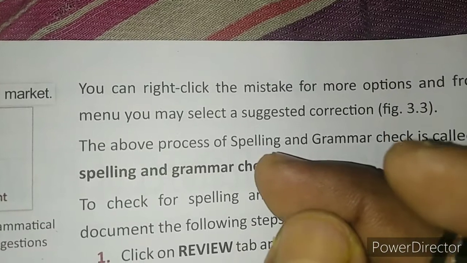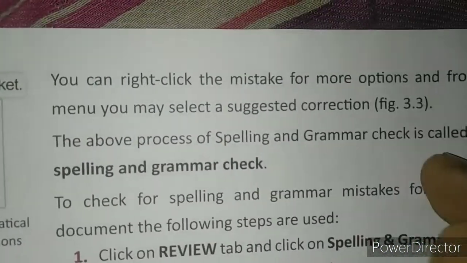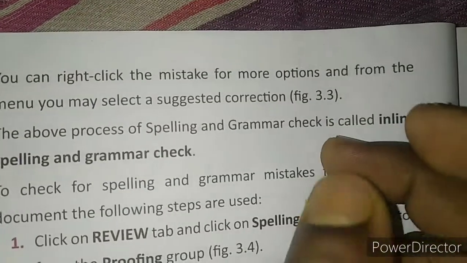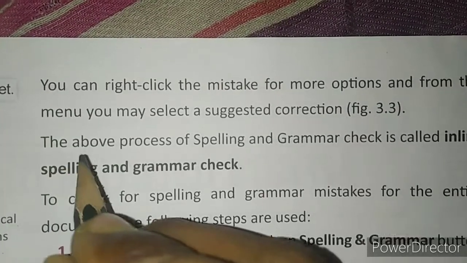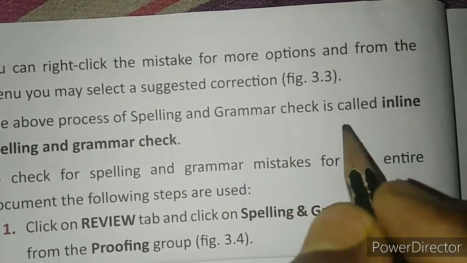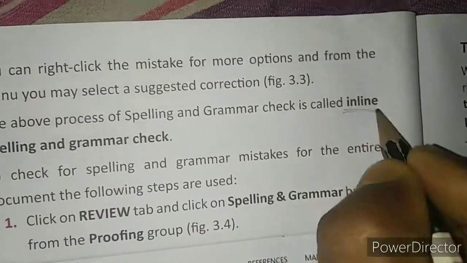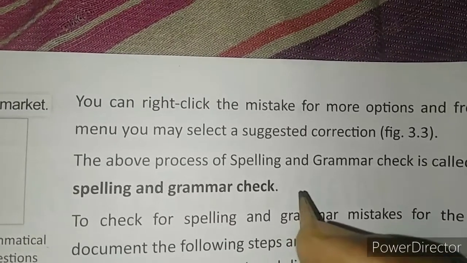So here we can see that if we want to change word by word, then we will have to do this process again and again for every word. This type of process of spelling and grammatical check is called inline spelling and grammatical check, right?